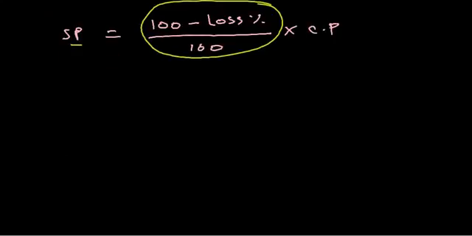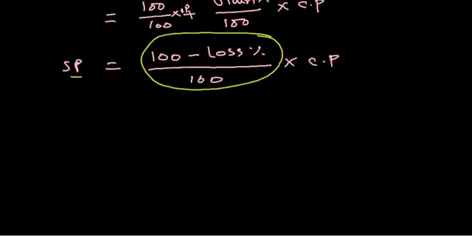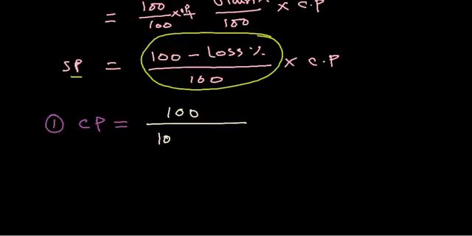So now let's move on to the cost price equation. Similarly, we can also do it for the cost price equation. For the cost price, it will be 100 divided by (100 plus gain percentage), into the cost price. Everything we have done will be inverted now.